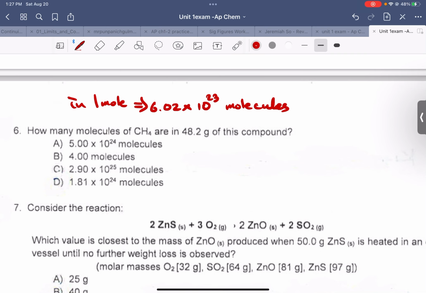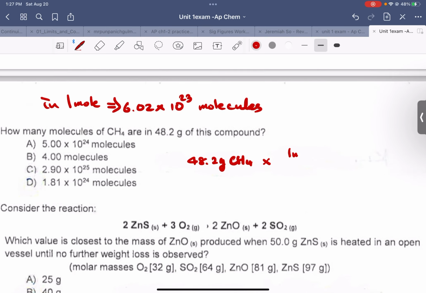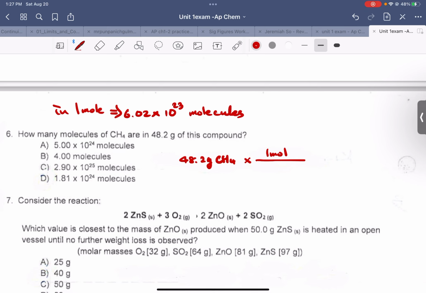So you start with 48.2 gram of CH4 times 1 mole. How many grams of CH4? So you have to compute using your periodic table. In CH4, C is 12.01 and H is 1.01. Okay, that's the one I have. It could be a little different depending on what periodic table you use, because those are averaged masses, but it should be very close.